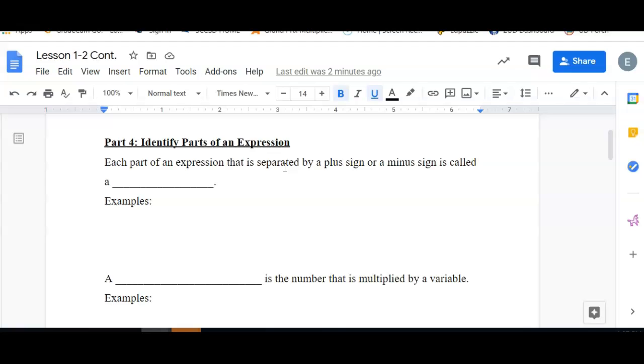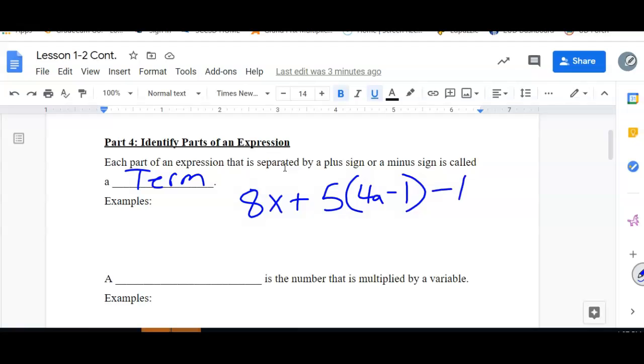A term. Good. Go ahead and put term here. And our example I want you to use is 8x plus 5 parentheses 4a minus 1 close parentheses minus 15.